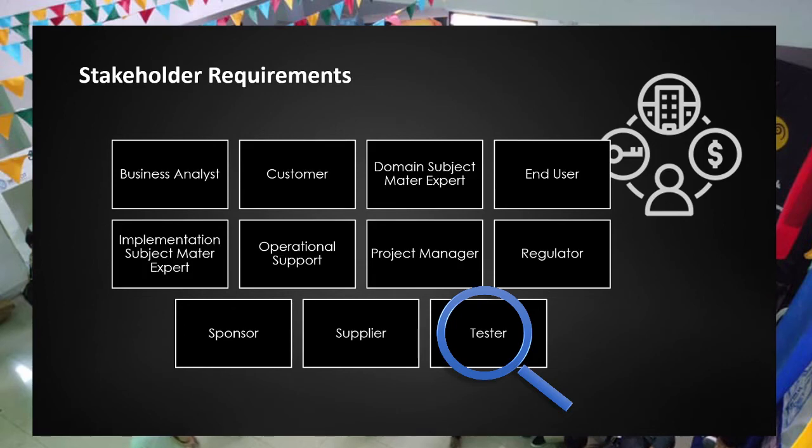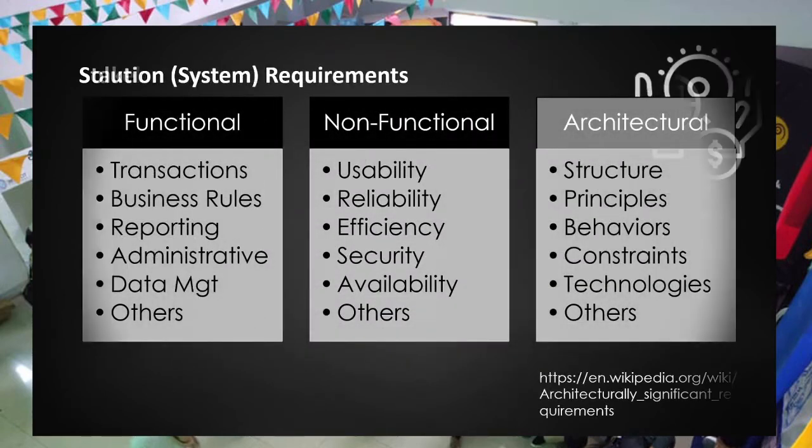Testers are responsible for determining how to verify the solution meets the requirements defined by the business analyst, as well as conducting the verification process. Testers also seek to ensure that the solution meets applicable quality standards and that the risk of defects or failure is understood and minimized. An alternative role is the quality assurance analyst.